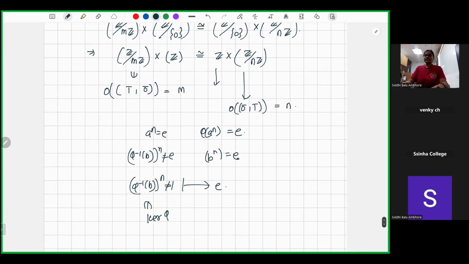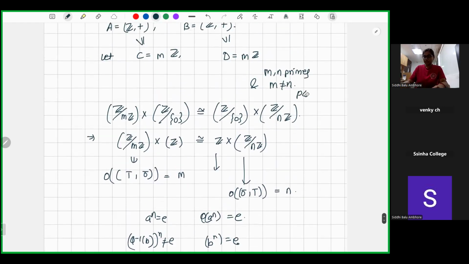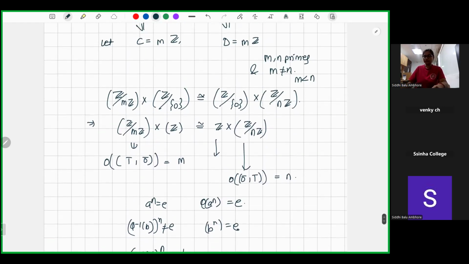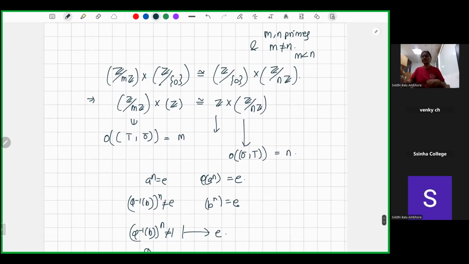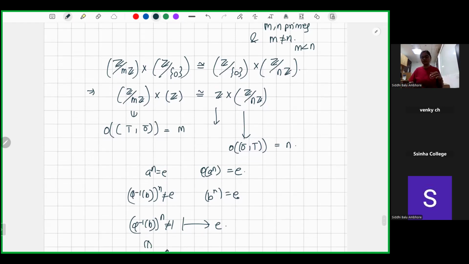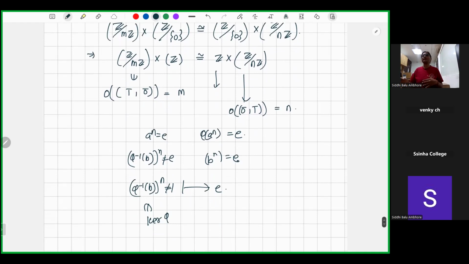Let us take primes and life will be easier. So if P less than Q, or M less than N, where M and N are prime, then every element in Z mod NZ has order N or 0, and similarly in Z mod MZ, every element will have order M or 0. And since M is not equal to N, it will create a problem.